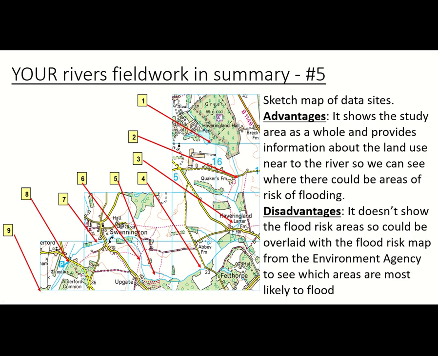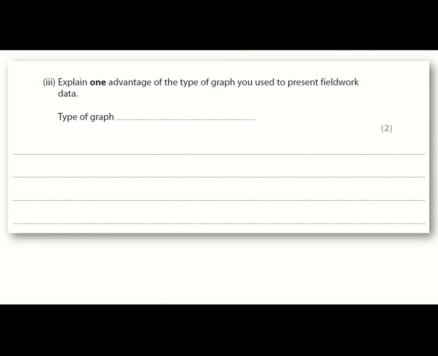But it doesn't show actually areas that do flood, so you'd need to overlay this with a flood risk map like the one we've got from the Environment Agency, which we actually did do in the investigation. But if you are talking about the sketch map specifically, we didn't actually map the flood risk on our sketch map, which we probably could do. So that would be a way to improve it.